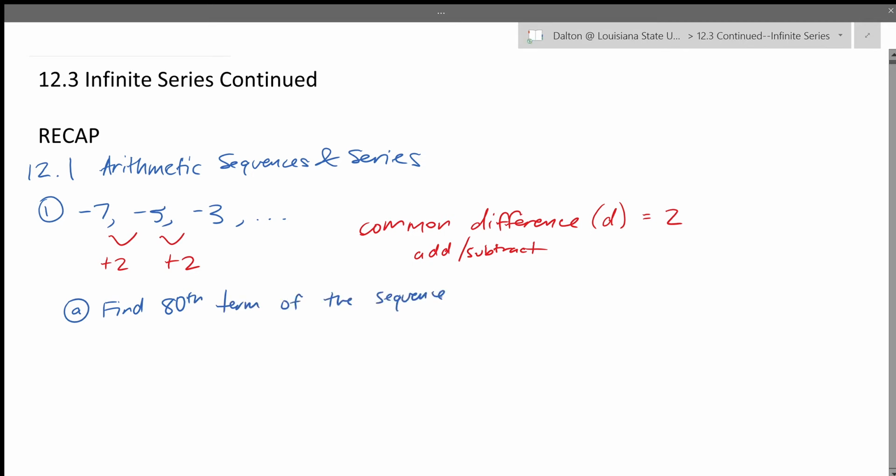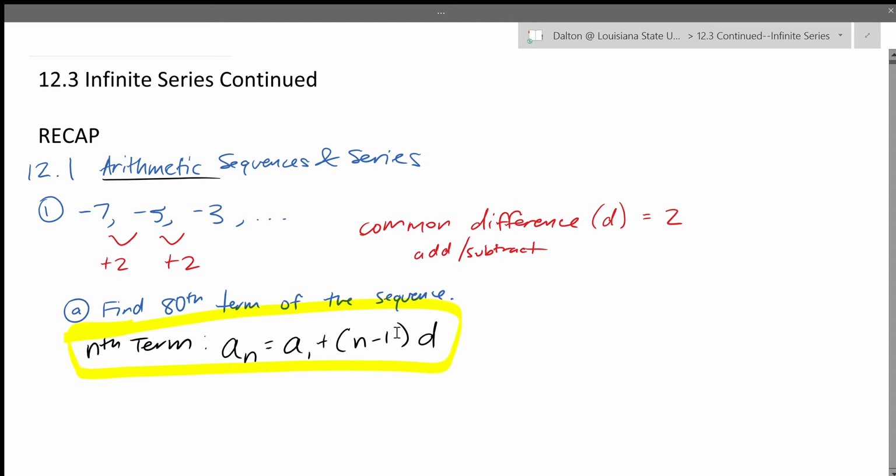Of course, you could sit here and just keep adding 2 and 2 and 2 until you get to number 80, or you can use the nth term formula for arithmetic sequences, which would be a sub n is equal to a sub 1 plus n minus 1 times d. This was one of the big equations from that day, how to find the nth term.